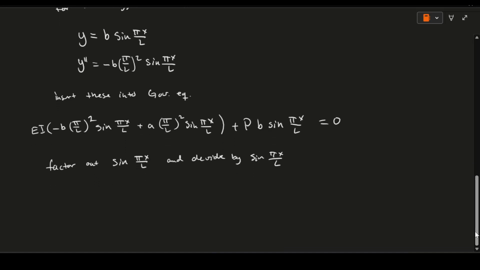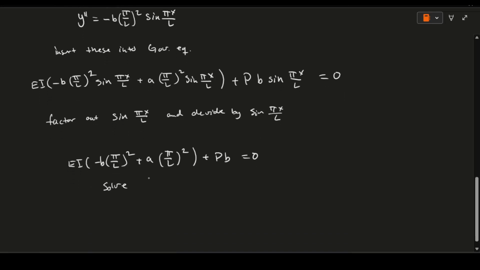Then what we are left with is EI times minus b pi over L squared plus a pi over L squared, plus P times b. This is equal to 0.